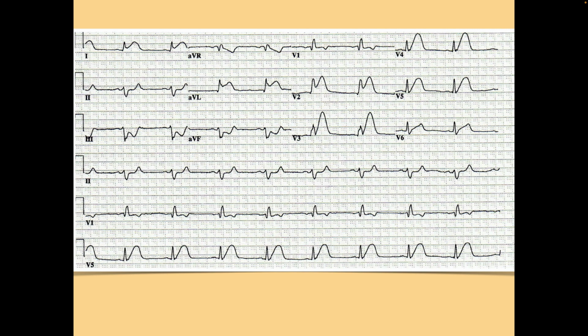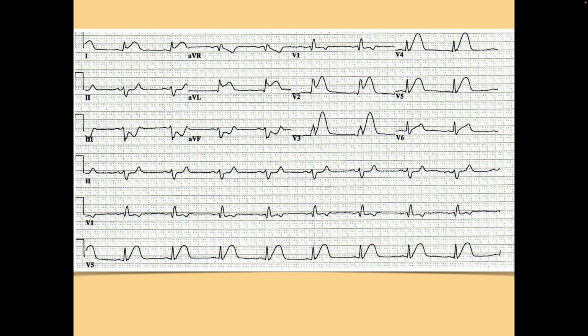Okay, now let's take a step back for a minute, and Riley, just based on what you see, go through the leads and say, lead 1, is there ST elevation or depression? Lead 2, is there ST elevation or depression? Lead 1 looks like there's a little ST elevation.